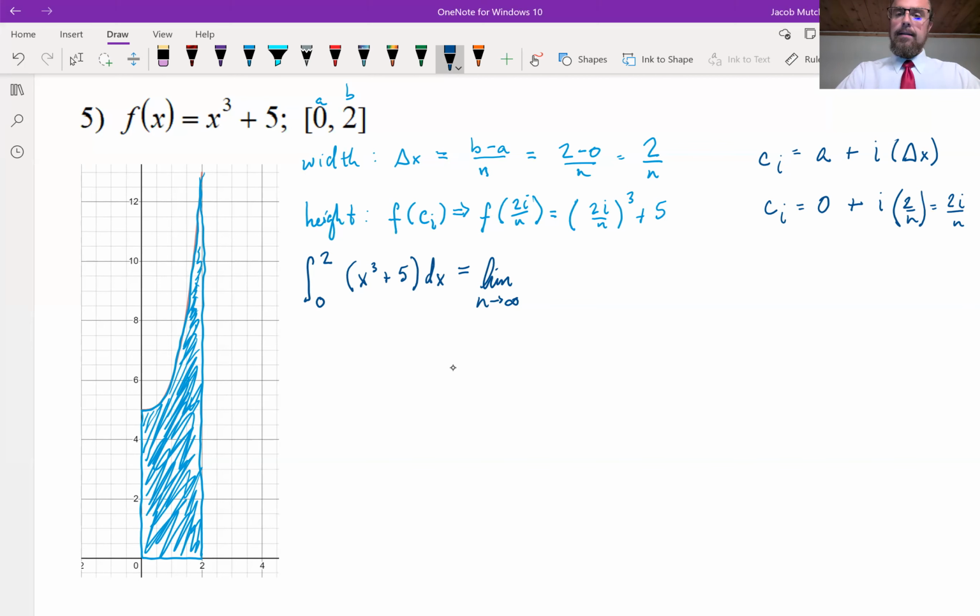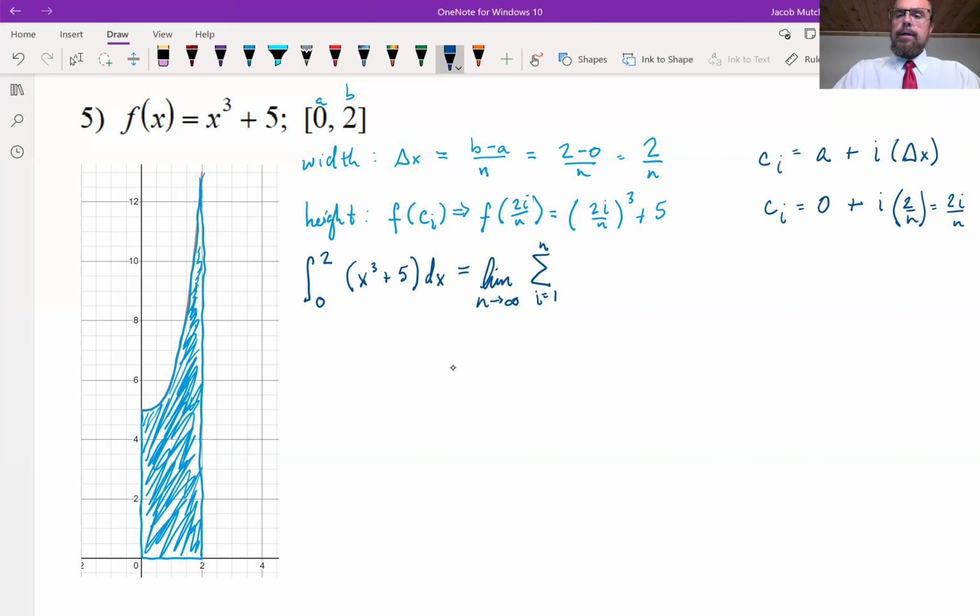So we do have to add them up, so I want to put the summation notation. We'll go from an i value of 1, which would be my first rectangle, up to my nth rectangle. That's the way we're partitioning that interval from 0 to 2.